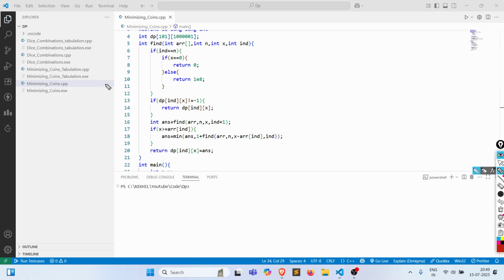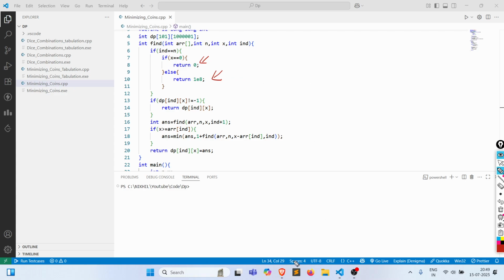What the find function does is this: if all the coins are exhausted, meaning all the possibilities I've taken with the coins and I'm at the last index, it might happen that our x would be 0. So if x is 0, we will simply return 0 over here, and else we will return 188. Why are we returning 188?